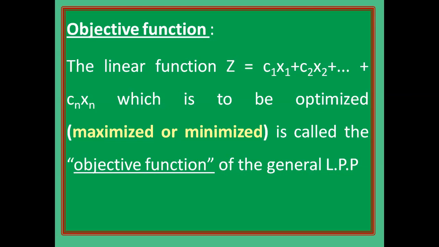What is the major objective in terms of manufacturer viewpoint? Total profit to be maximized. And what is the major objective or intention of consumer in his purchasings of several products, different products put together?